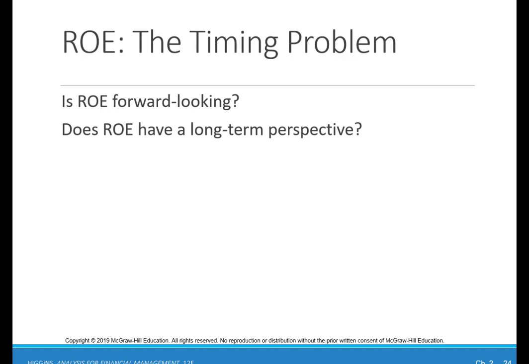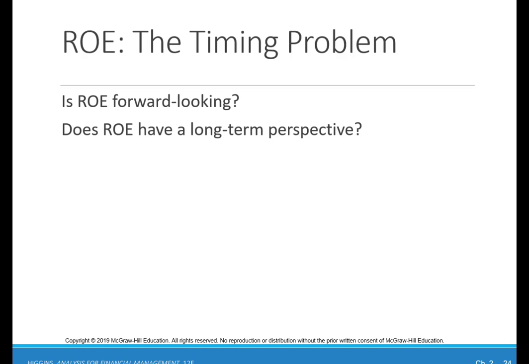I think this timing problem is universal when you think of financial ratios, right? Financial ratios are based on historical data. So by definition, historical ratios are not forward looking, right? Does return on equity have a long-term perspective?